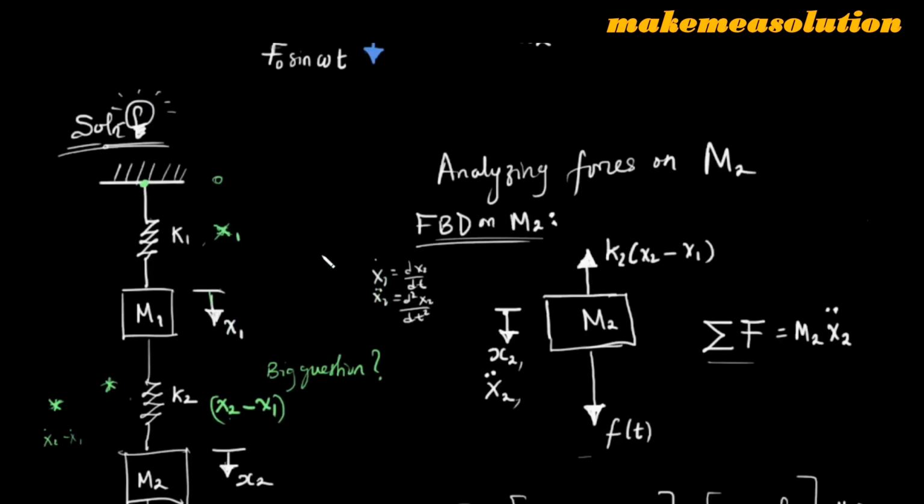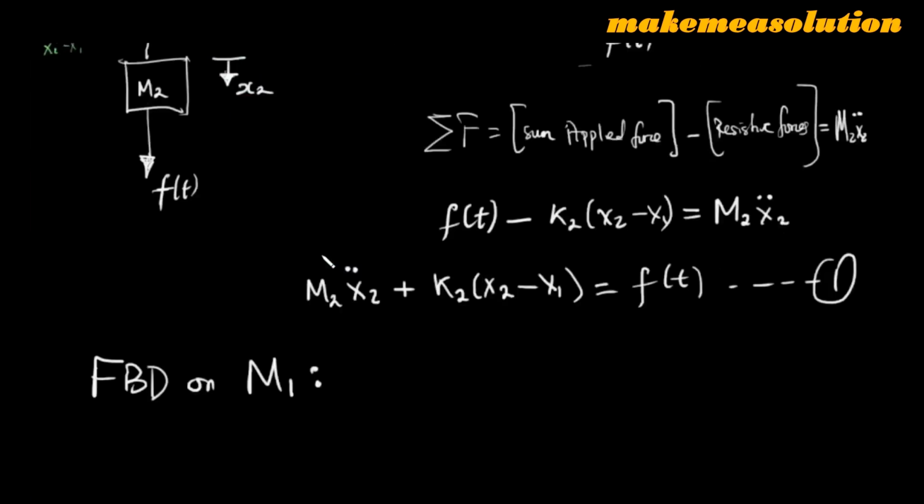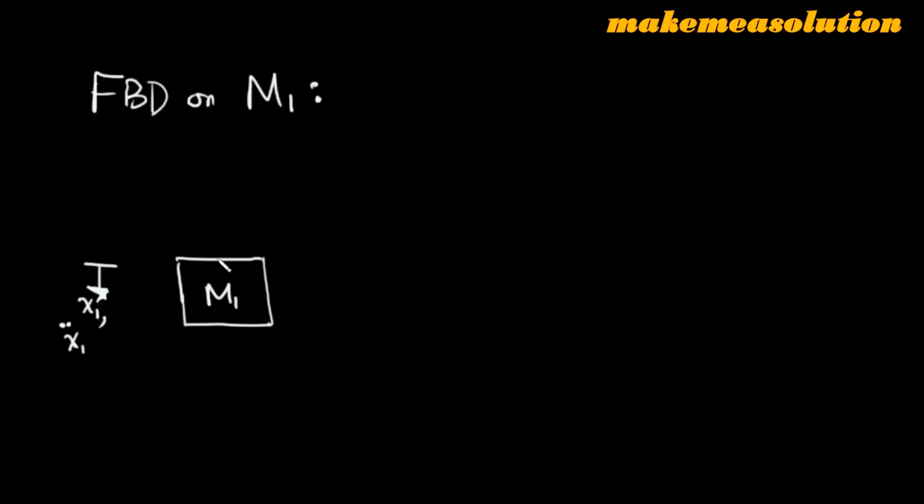We have the direction of displacement, which is x1, and we also have the direction of the acceleration, x1 dot dot. That's the second derivative of displacement. So this is our m1. Now we should know that m1 is actually undergoing two forces. We'll start with the resistive force. The resistive force is acting in this direction, and this time around it is proportional to the extension.